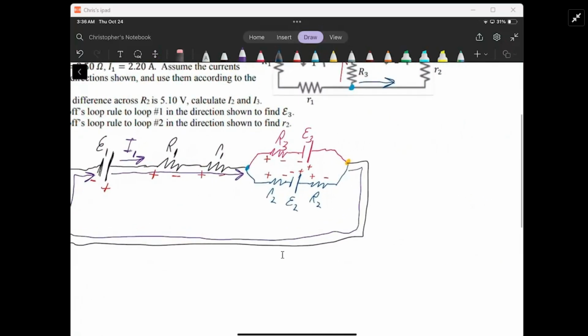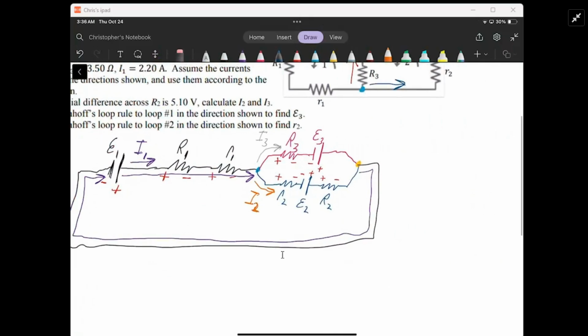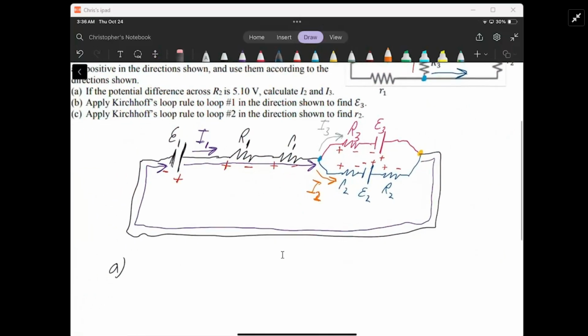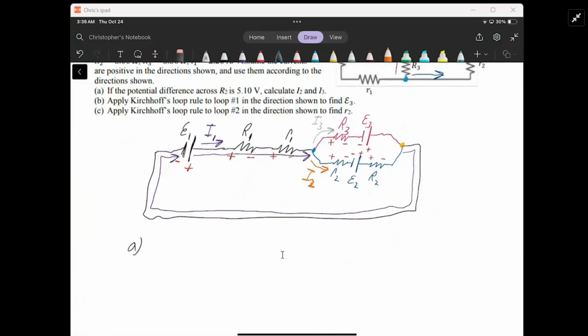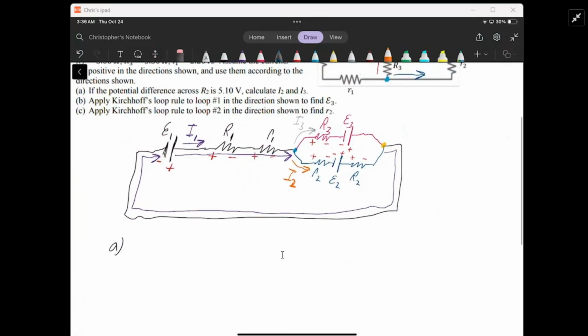And when it's splitting into the parallel part of the circuit, you have two currents being made. You have I3 and you have I2. So the currents could be the same sometimes in a parallel circuit, but that's only if the resistors in the parallel circuit are of equivalent resistance.